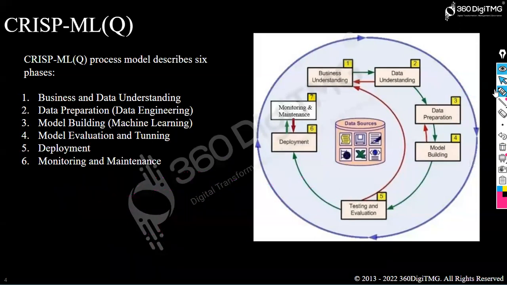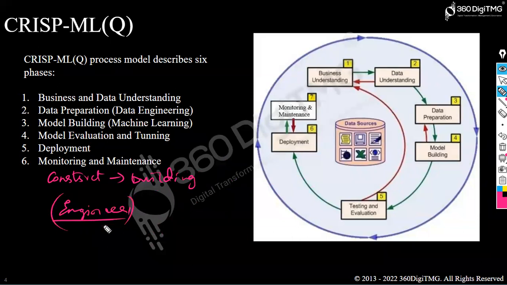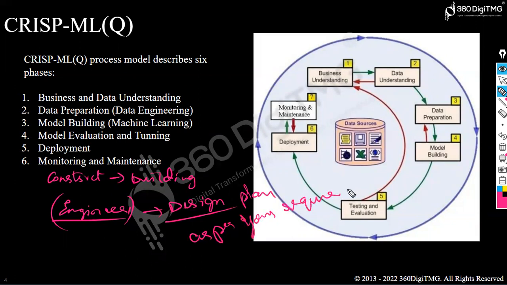For example, if you want to construct a building, you need to sit and talk to a designer, what we call a construction engineer, to design your plan as per your requirement. Why do you need to sit with an engineer, a person who has this skill?